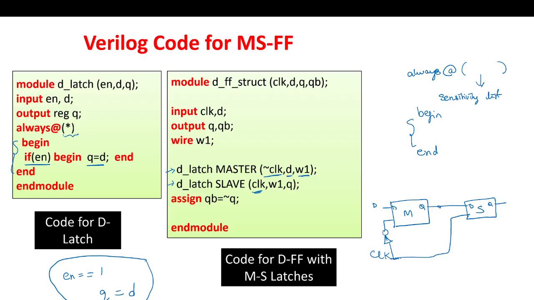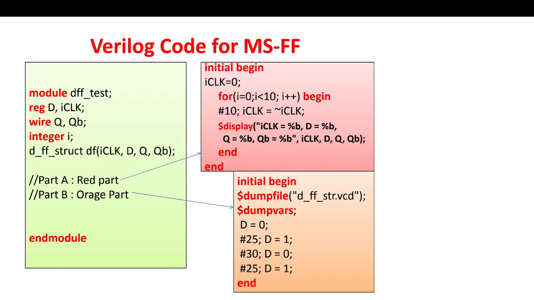So this value we are storing in a wire. So we have wire W1 and we have Q bar also. Q bar is just the complement of Q, and the slave latch has the input W1, output is Q. So in this way we can design a master slave D flip-flop.